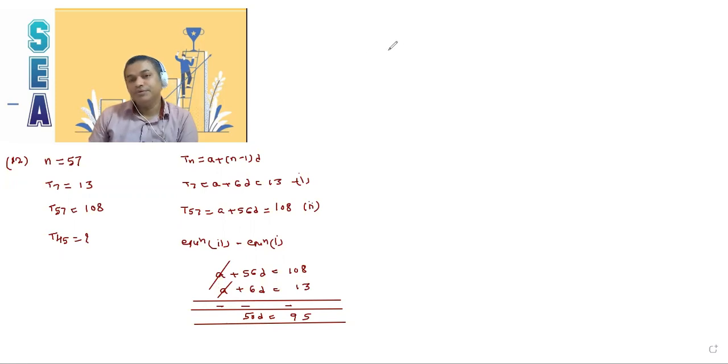So we got d here as 95 by 50, which we can say as 19 by 10.